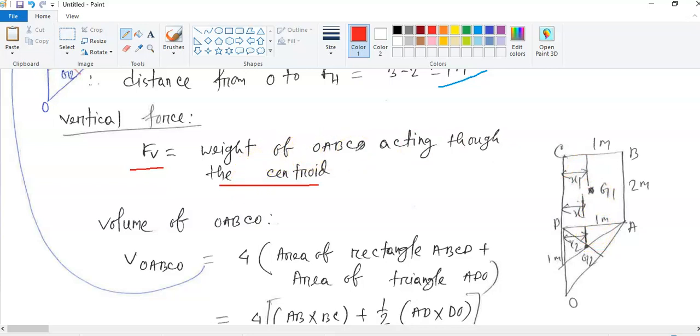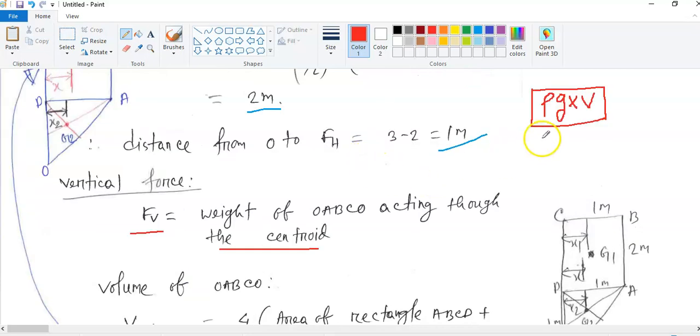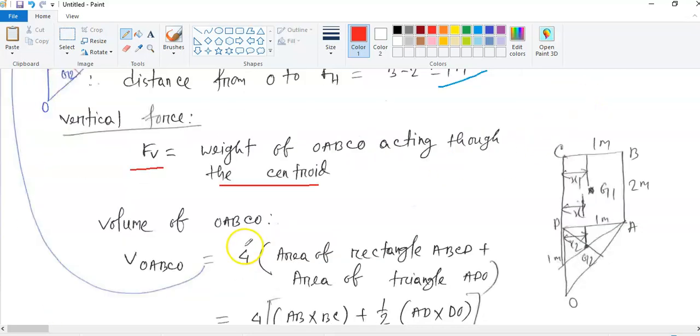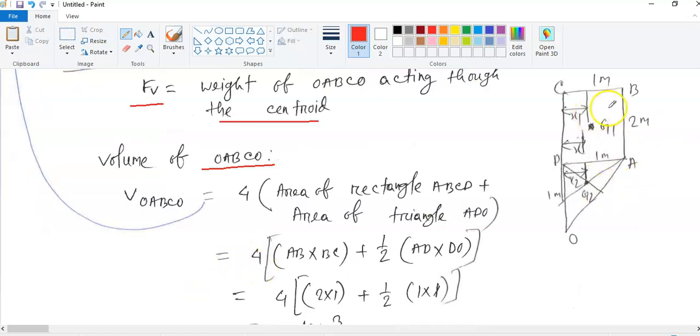Now we will calculate the weight of OABCO. We know the weight is equal to rho g and the volume. So let's calculate the volume of OABCO. The volume is 4 times the area of this. We don't know the area of this geometry, but we considered this as a rectangle and this as a triangle, and we know the area for the rectangle and triangle. So that's why we said area of rectangle and area of triangle.